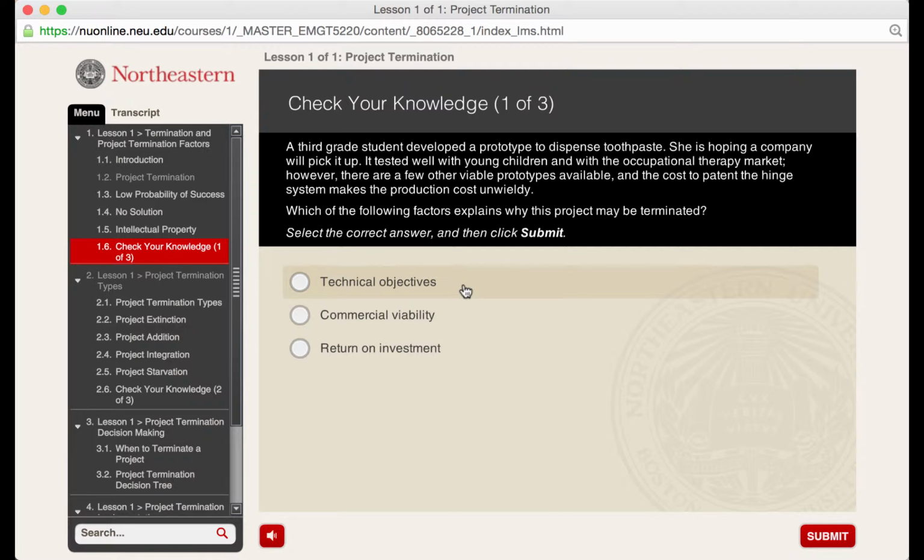What is it that causes these projects to be terminated? And here's a few of the potential reasons why. We have a situation where the project is potentially going to be terminated, and we've got to try to figure out what the reason is why this project would be terminated.